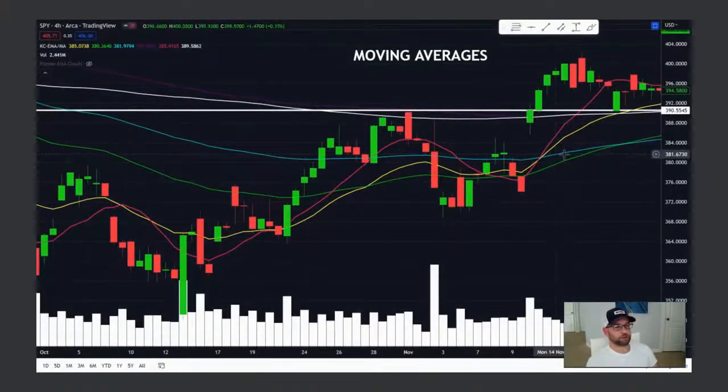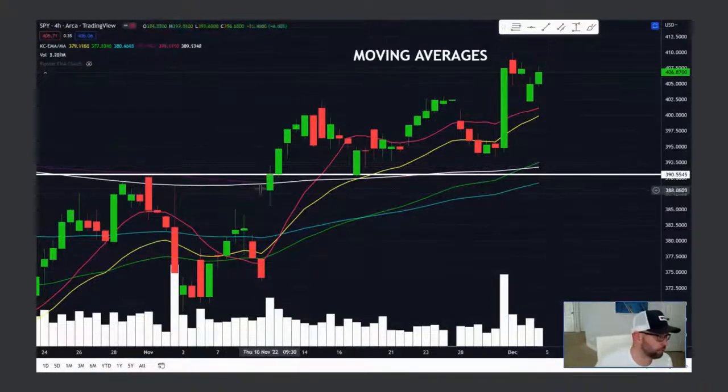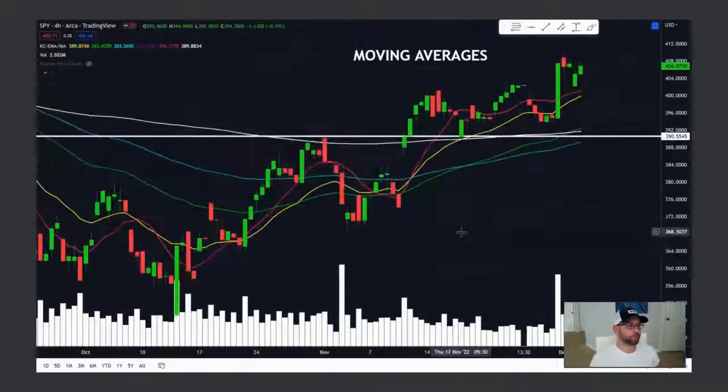This blue is a 100. This white one is a simple moving average, 200. And then this purple one is an exponential moving average, 200.